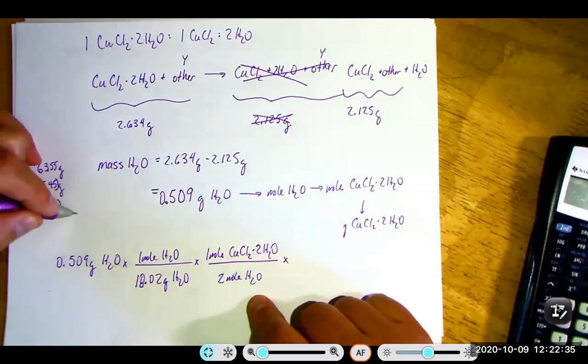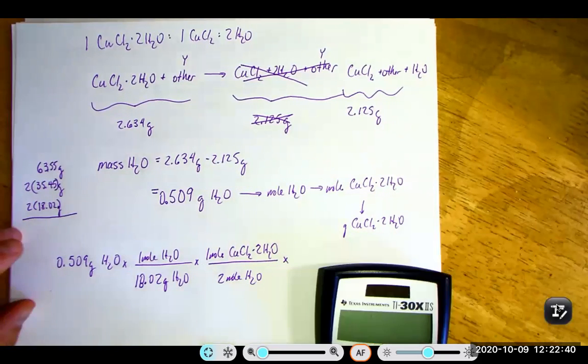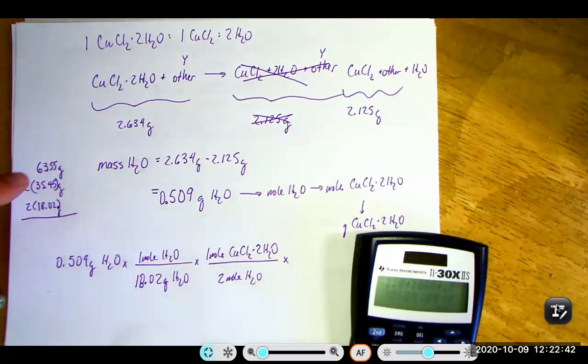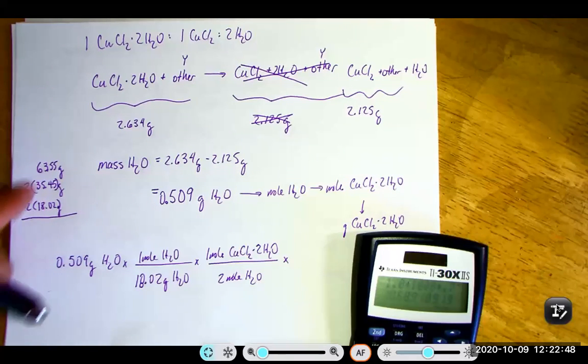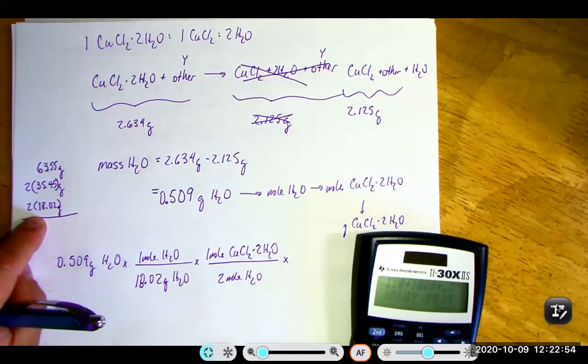And when we get the molar mass of this stuff, we get roughly 63 plus 70, which is what, 133? 133 plus 36 puts it at about 170, I think. So let's check.